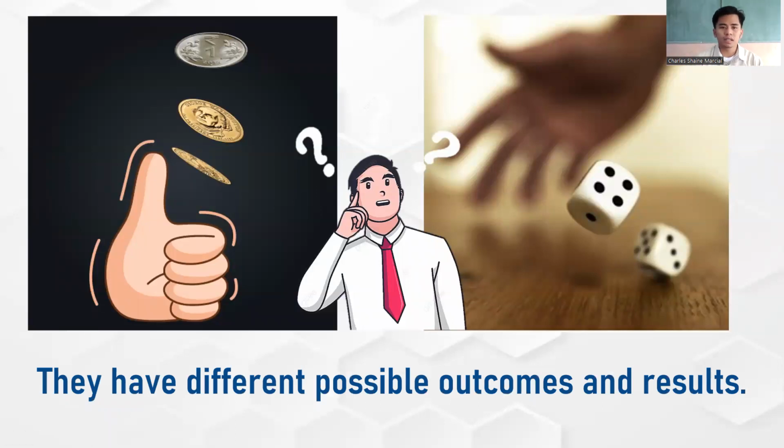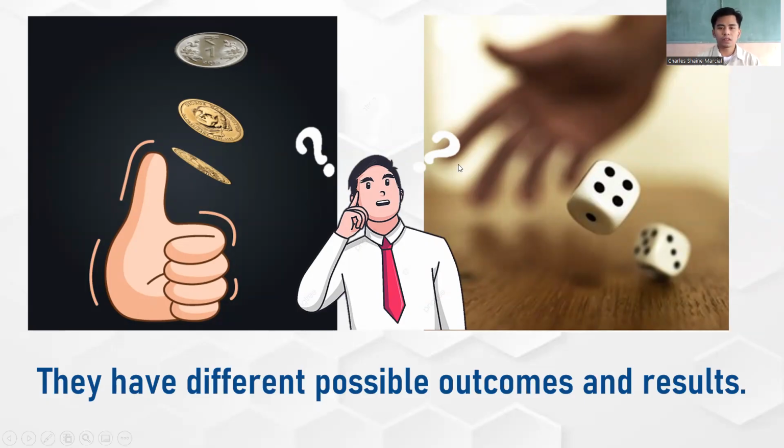Now, when we toss a coin and we roll a die, of course, magkakaroon tayo ng magkaibang possible outcomes and result. Since sa tossing a coin, dalawa lang yung faces niya, and sa dice naman, meron siyang 6 na faces since cube siya. Okay?